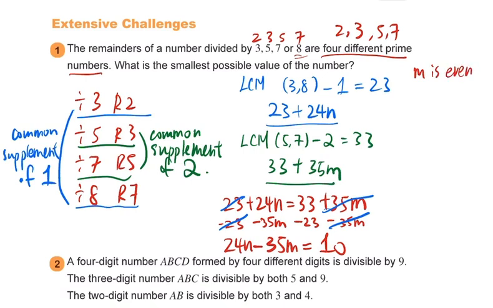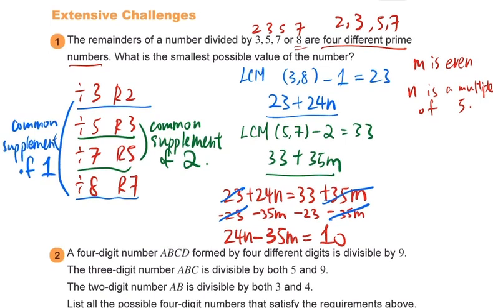Now, looking at the multiple analysis of 5, 35m is a multiple of 5, and 10 is a multiple of 5, which means that 24n is also a multiple of 5, such that n is a multiple of 5. So in order for them to have a difference of 10, we're going to list out the values of n in different scenarios.